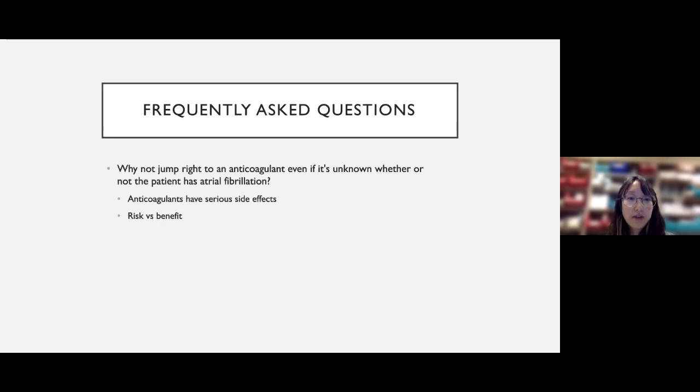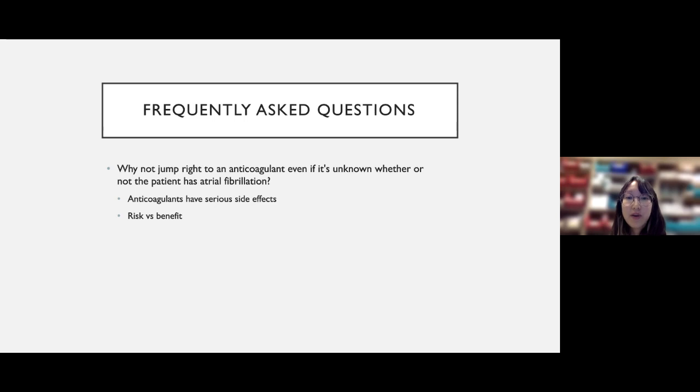Next, we have why would you not jump right into using an anticoagulant, even if it's unknown whether or not the patient has atrial fibrillation? And this is because our anticoagulants have serious side effects, such as the increased risk of bleeding.